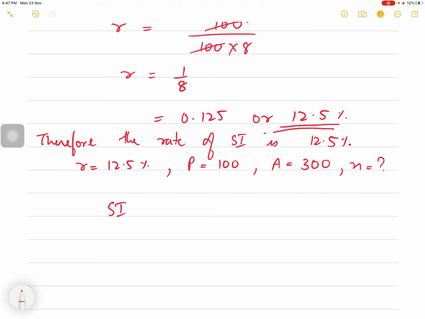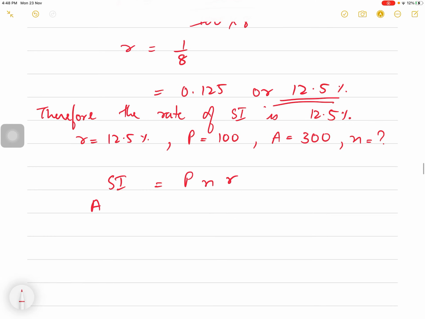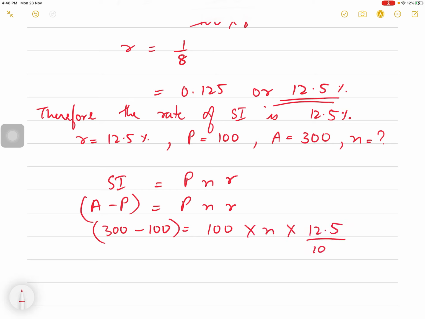So, simple interest is equal to P into N into R. Simple interest will be 300 minus 100, which is amount minus principal. So 300 minus 100 is 200, which is equal to 100 into N into 12.5 upon 100.